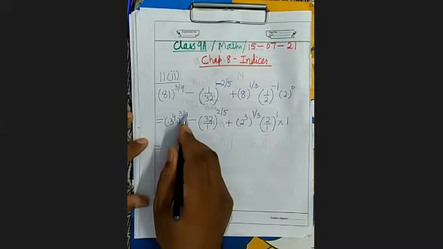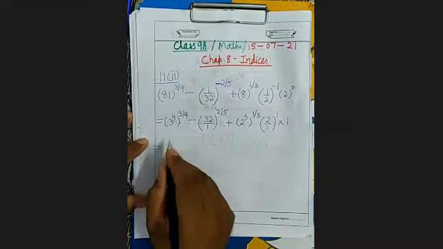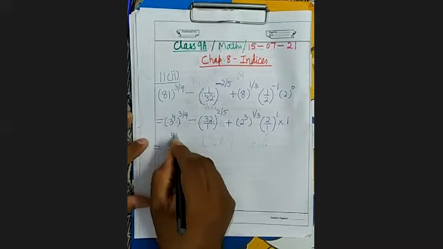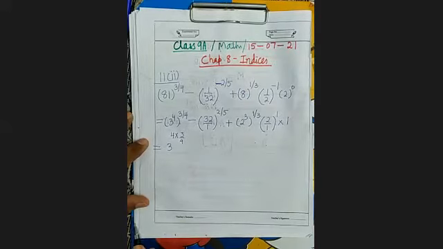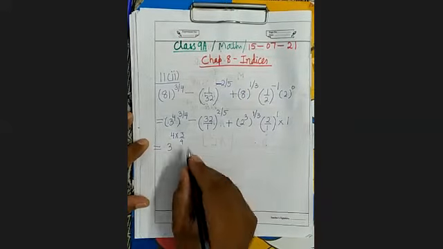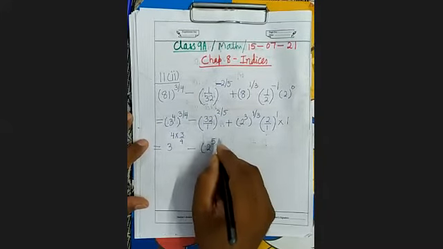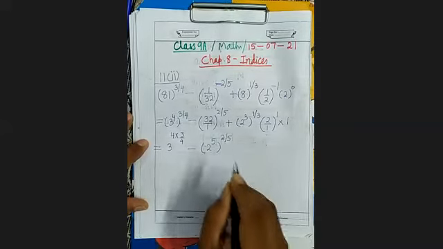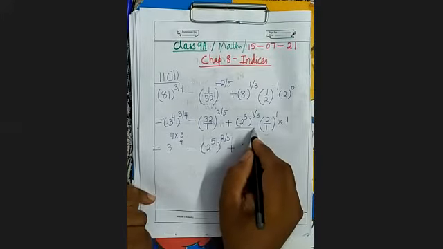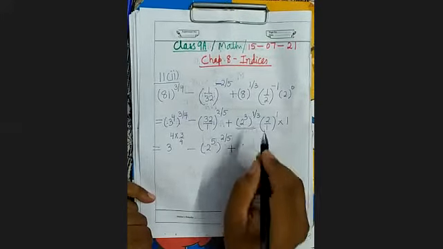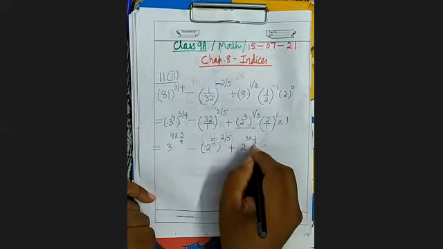Here there are successive powers, therefore the power rule will apply. When the power rule applies, 4 into 3 by 4. We write the power a little higher so that it is clear that this is the power. Minus 32 can be written as (2^5)^(2/5), plus here also we will apply the power rule, so 2^(3 into 1/3).